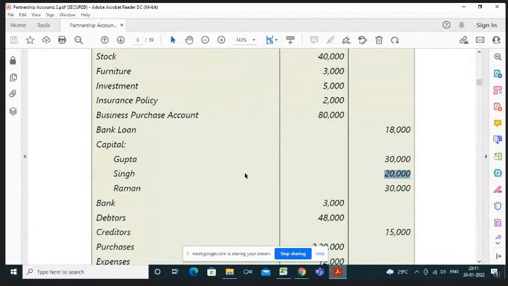Apart from that, we have to prepare the profit and loss account and the balance sheet. So we have to be very clear that the profit and loss account and balance sheet will be from the perspective of the owner. Who is the owner? The sole proprietor. So only from his point of view should we prepare the profit and loss account and balance sheet.